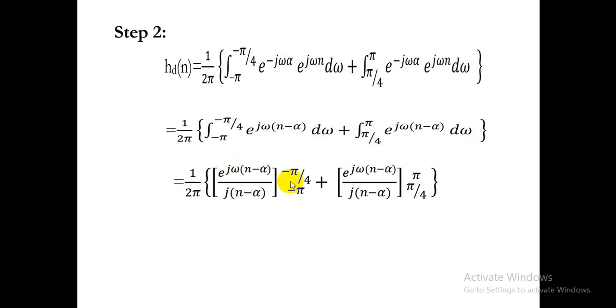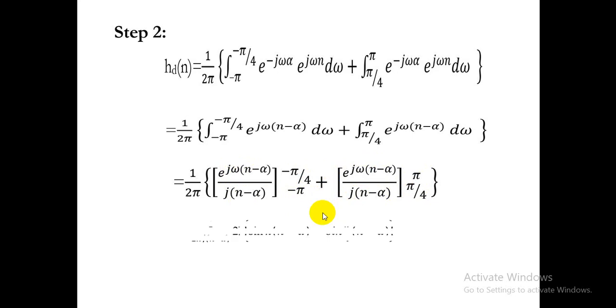And now you substitute the limits. So e^(jω(n-α))/j(n-α) from -π to -π/4 plus the same from π/4 to π.